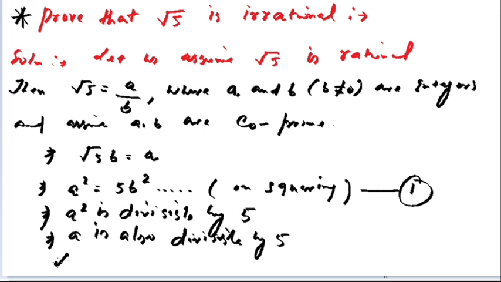Now let a equal 5c for some integer c. Now squaring on both sides in the similar way, a equals 5c.